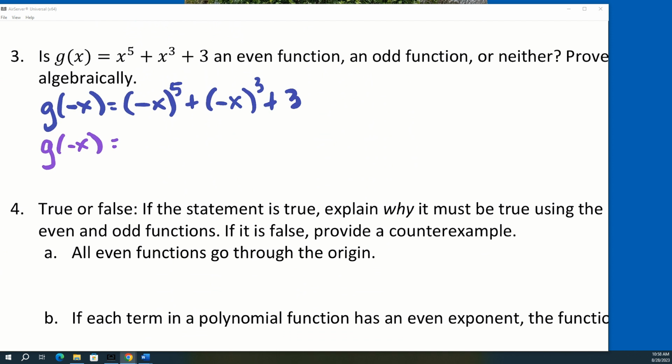And then what do you get if you have a negative raised to an odd? Is that going to be a positive or a negative? A negative. So a negative times itself 3 times or 5 times is going to give you a negative.